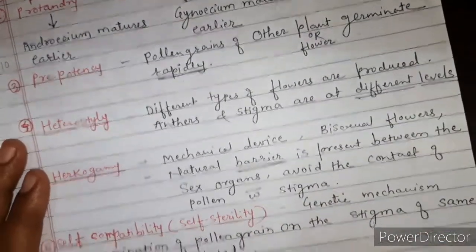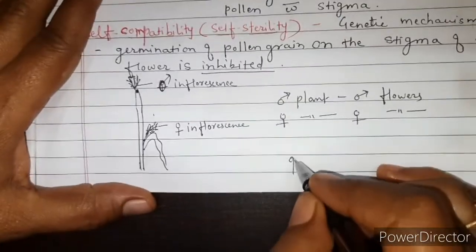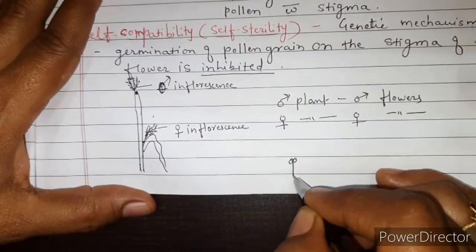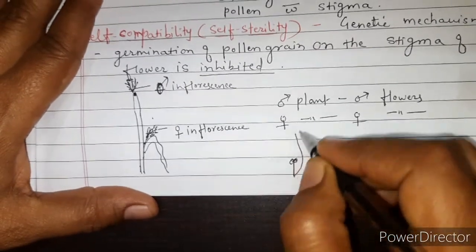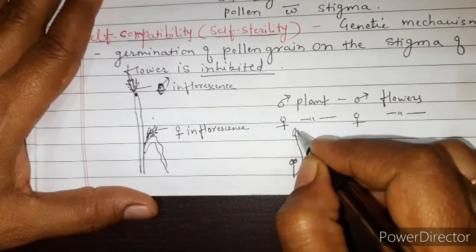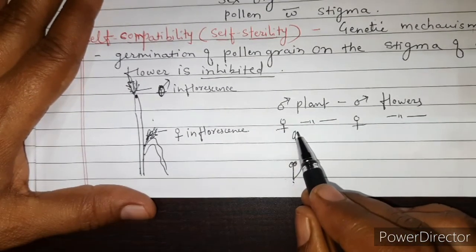Suppose in this flower this is the gynoecium, a carpel is situated deeply, and the stamens are at the apex.